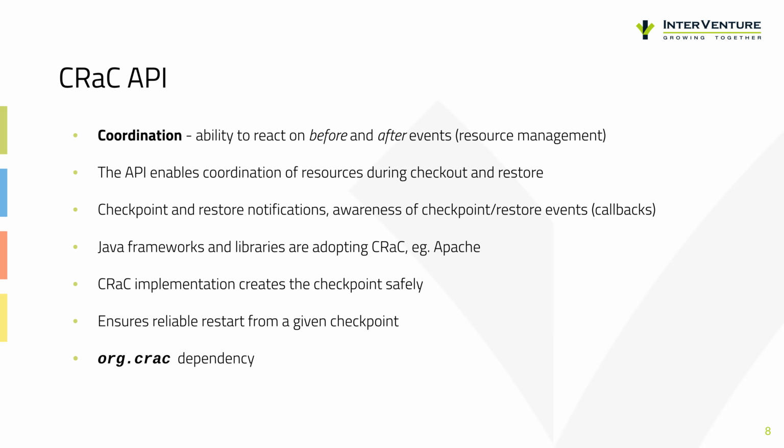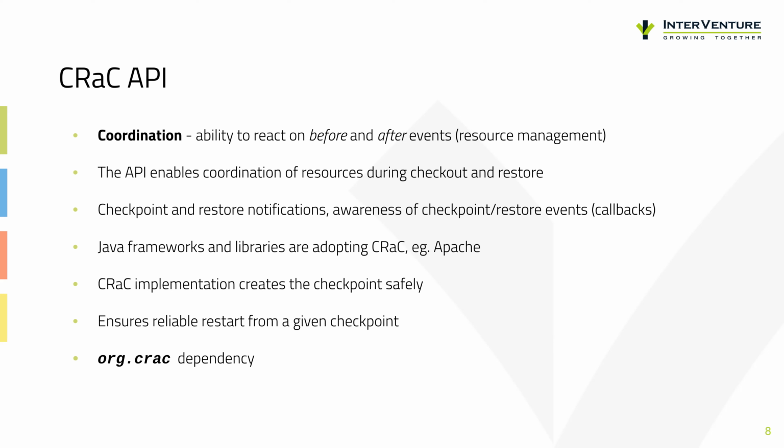This API is quite straightforward, so it does not impose any major restrictions except one, and that is that the application must not have any external connections during the checkpoint. It provides a way to notify Java programs that they are going to be checkpointed and that they are being restored.